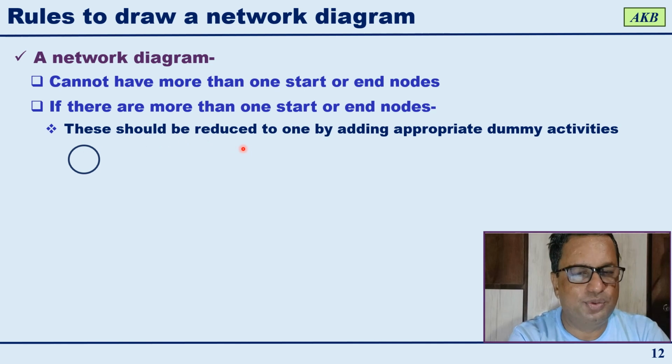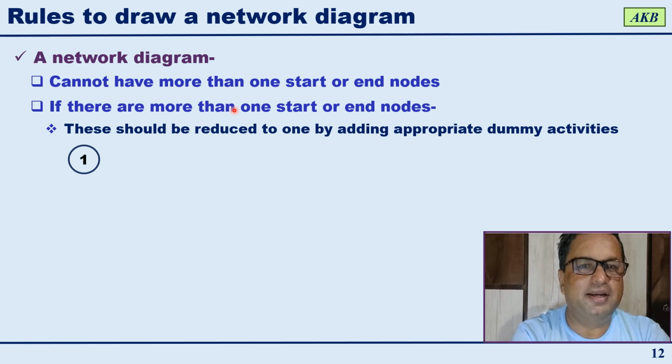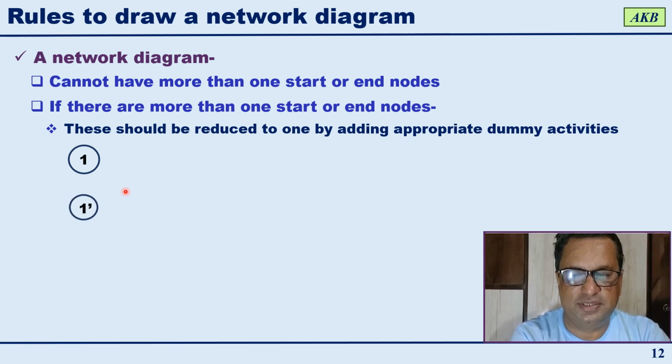And how are you going to reduce it to one? You are going to do that by adding an appropriate number of dummy activities. Use dummy activities to make the start event equal to 1 or the end event equal to 1. For example, let us say that 1 and 1 dash are two start events.